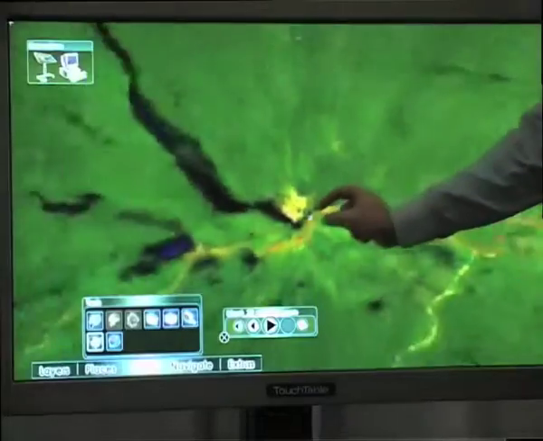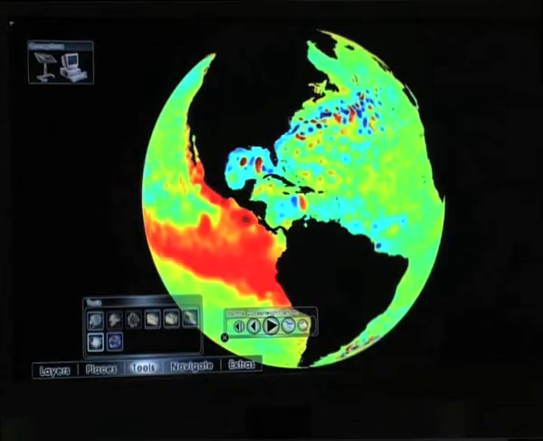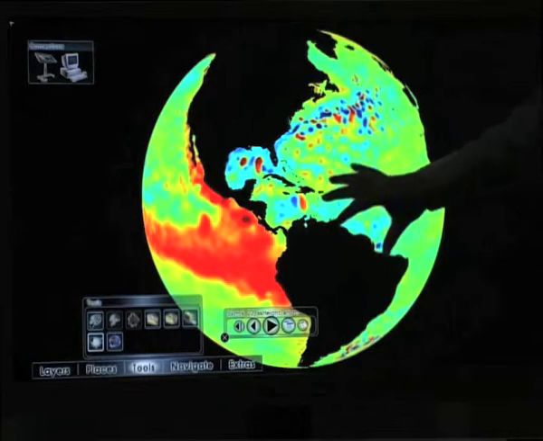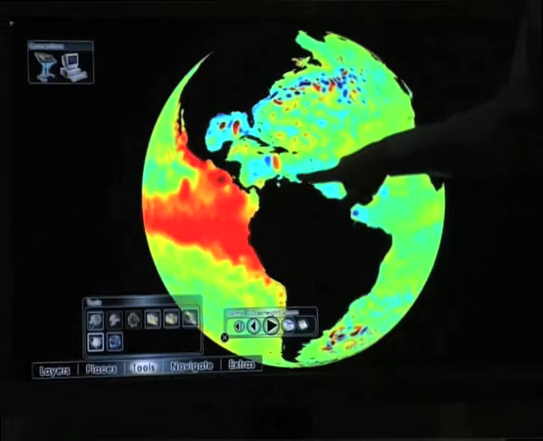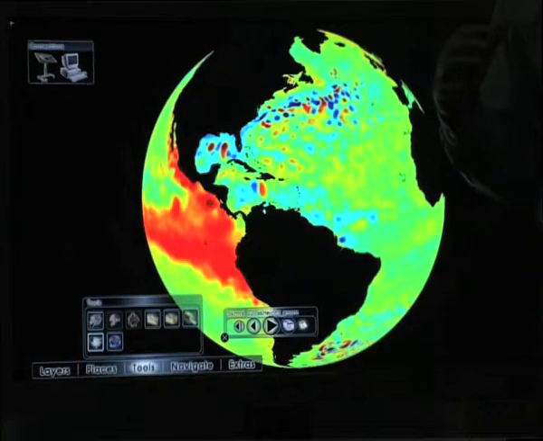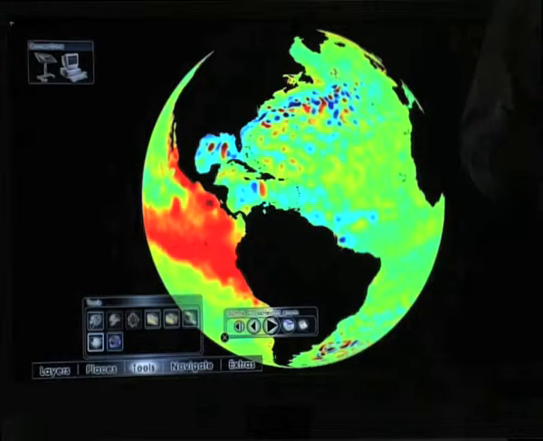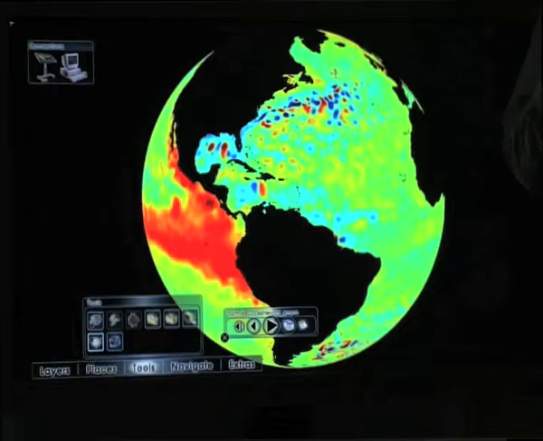So that was a small little high-resolution satellite image in Brazil. And we can come out and look at these anomalies. Now this particular data set is called sea surface height anomaly. What does that mean? Well, when the ocean warms, it expands and it gets higher.